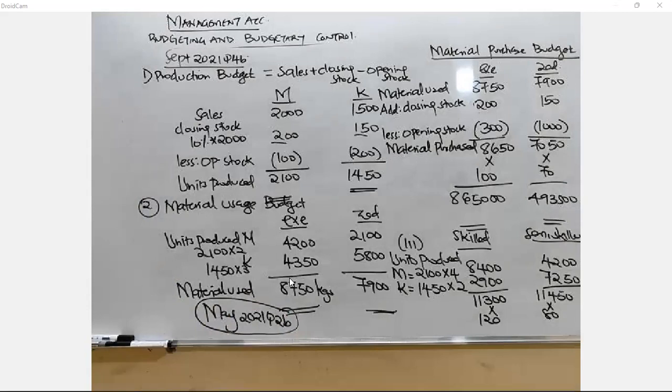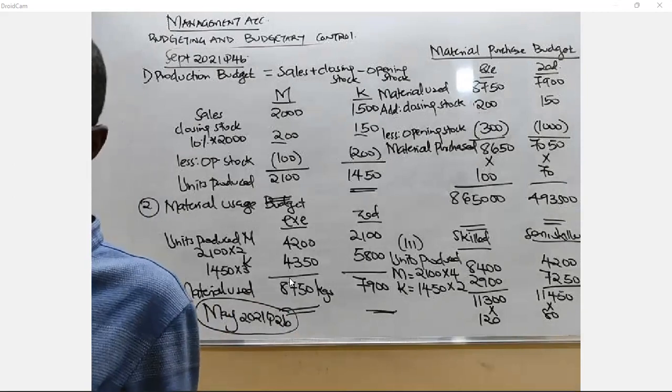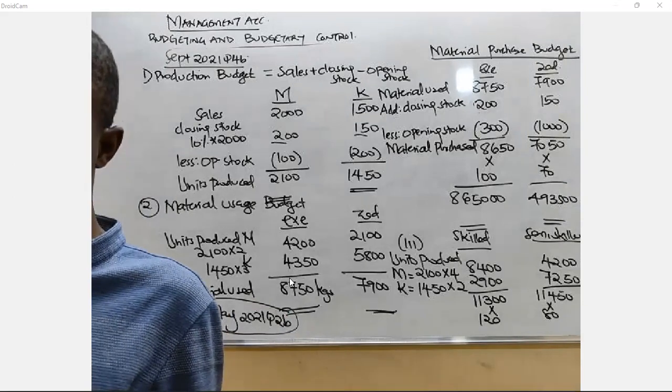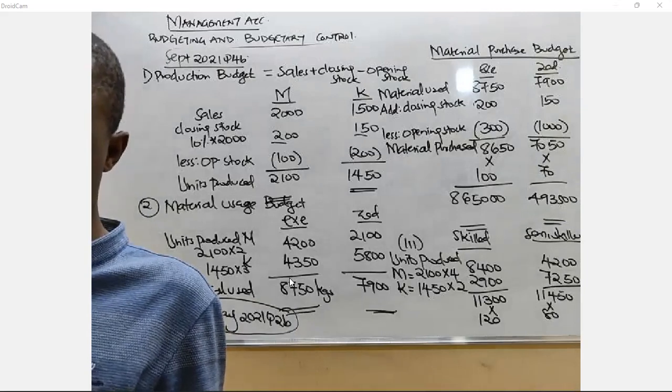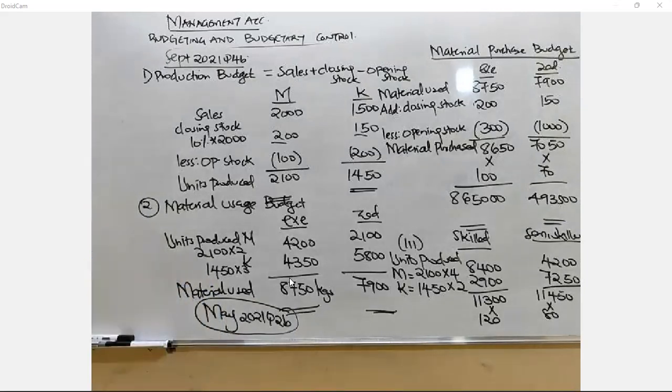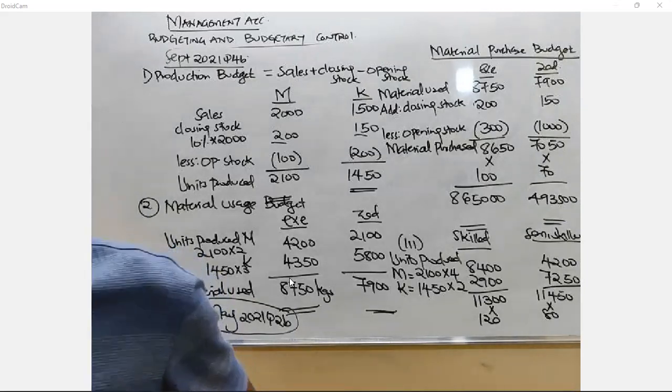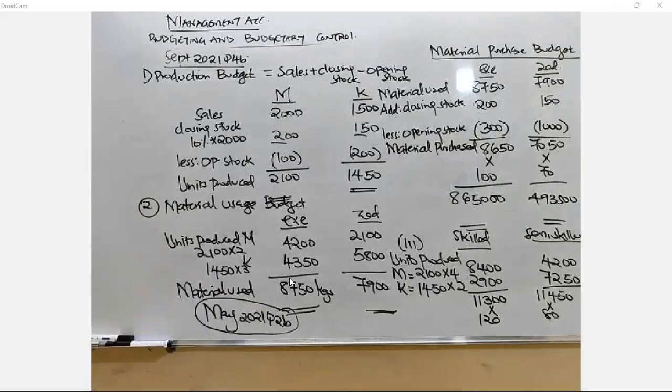There is a question here for flexible budget, but we have not yet done with it. The question was tested in November 2017, question number 5A. Let us go there.